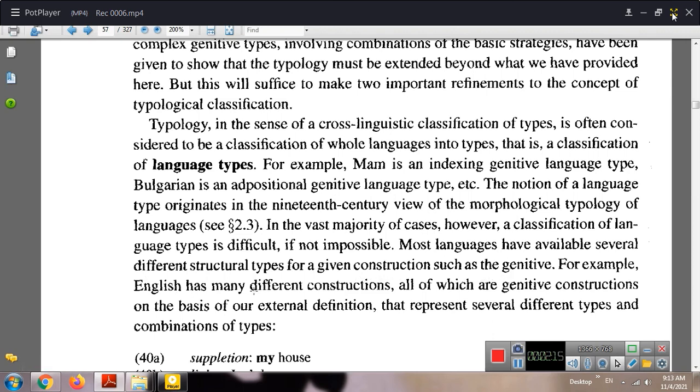For example, English has many different constructions, all of which are genitive constructions on the basis of our external definition that represents several different types and the combination of types. Okay, you should know that in the 19th century, the typology was considered as just the morphological typology.